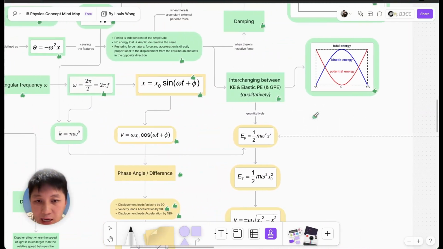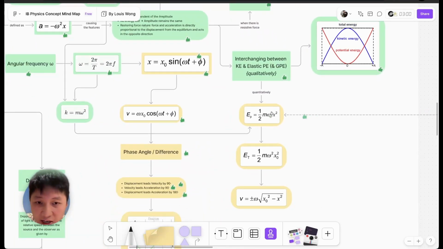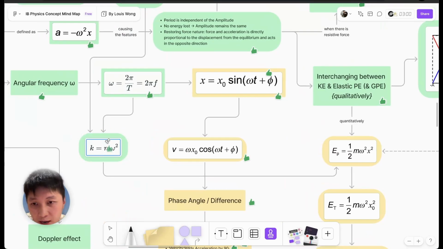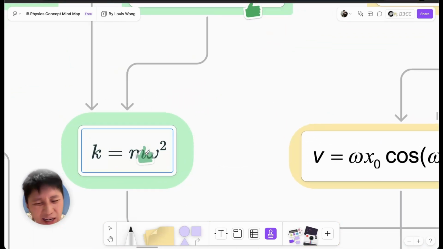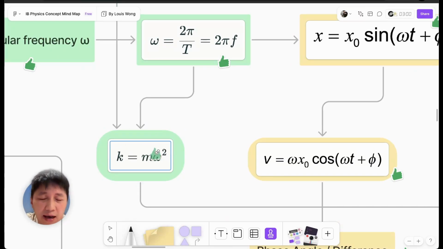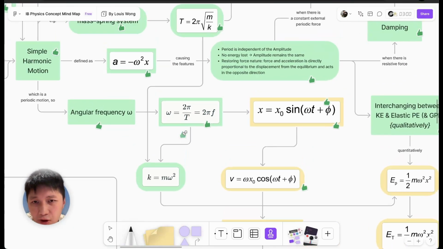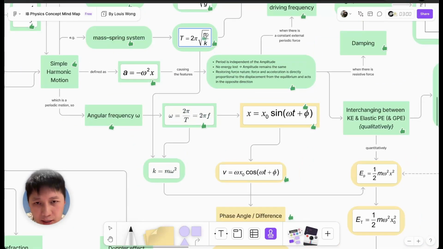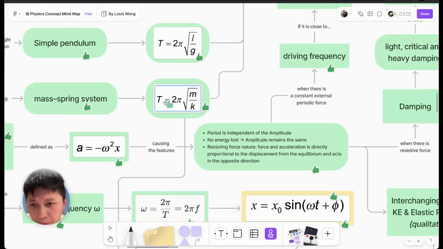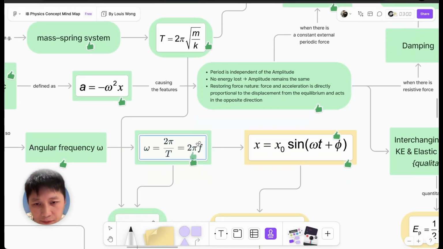The thing is with k, they just change it to m omega squared. So that's why I put up this equation here. I don't think you have to know it particularly, and this is also not available in the data booklet. I just want to show you how it comes together. So basically, you can take this equation from the period, and then you can also come up with the omega equation.